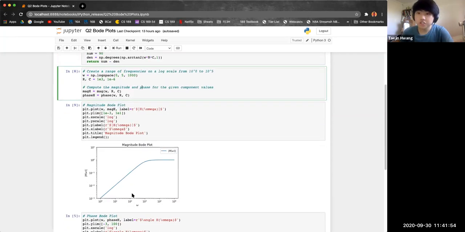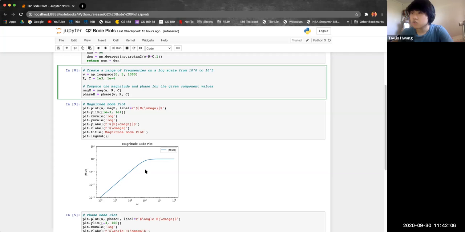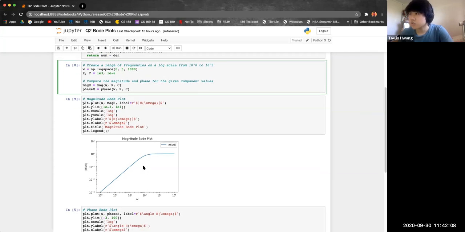So any questions about what's going on in the magnitude plot? Okay. And 10 to the 3 here is a very important frequency. In lecture, they called it the cutoff or corner frequency.